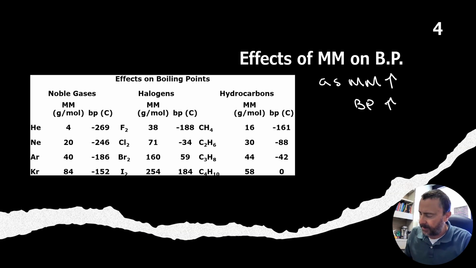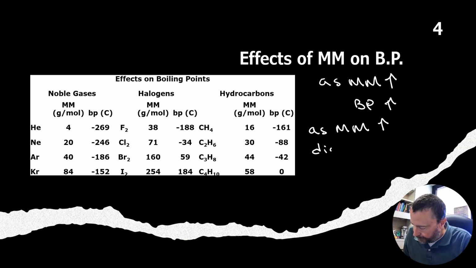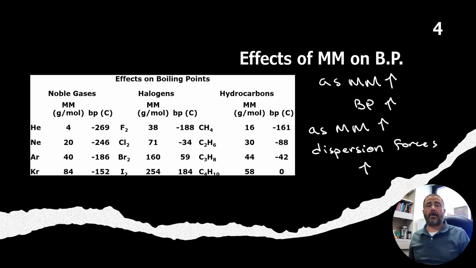What that's telling us is that as the molar mass increases, dispersion forces increase as well. You have stronger forces holding them together, so it's harder to boil whatever the substance is.